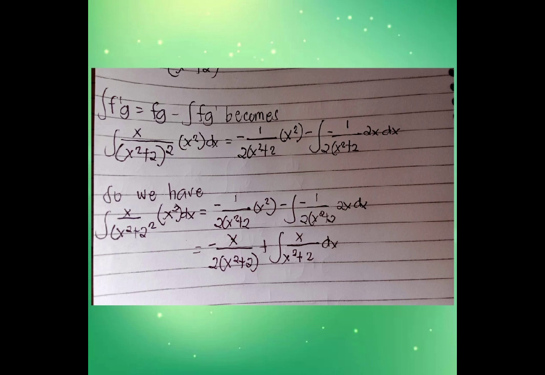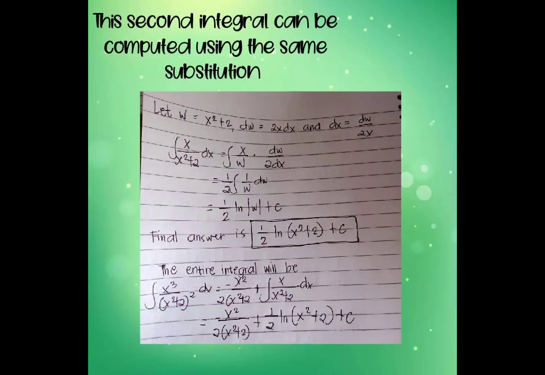By simplifying further, we have the integral of x over x squared plus 2 squared times x squared dx is equal to negative 1 over 2 times the quantity x squared plus 2, times x squared, minus the integral of negative 1 over 2 times x squared plus 2, times 2x dx, which is exactly equal to negative x squared over 2 times the quantity x squared plus 2, plus the integral of x over x squared plus 2 dx.